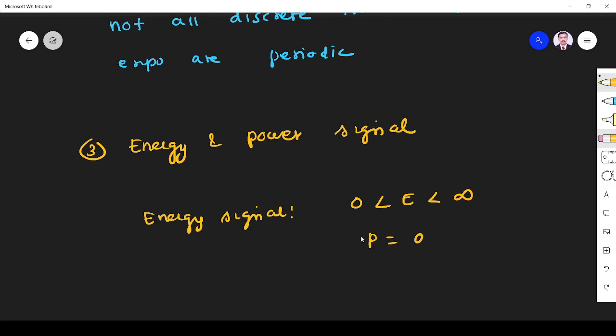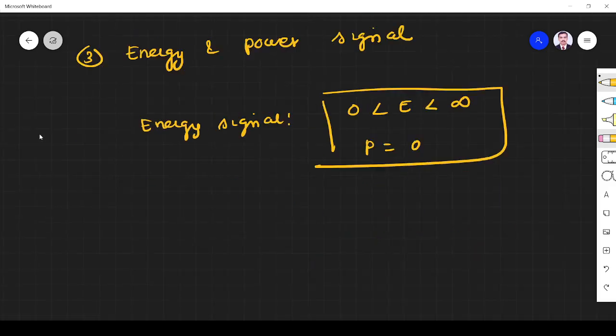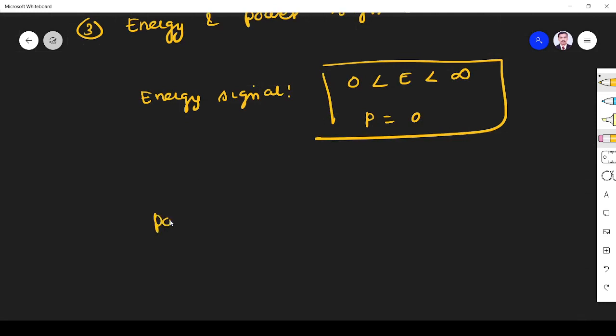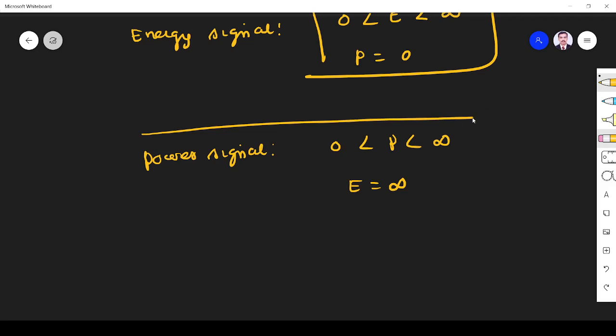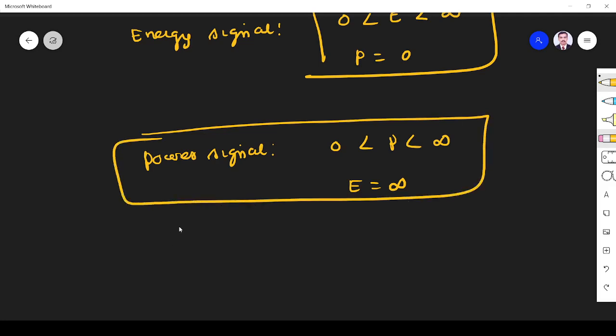Only when these two conditions are satisfied can we say the signal is an energy signal. A signal is called a power signal when power is finite, which is not infinite, and the energy is infinite. Only when these two conditions are satisfied can I say the signal is a power signal, for both continuous time and discrete time.